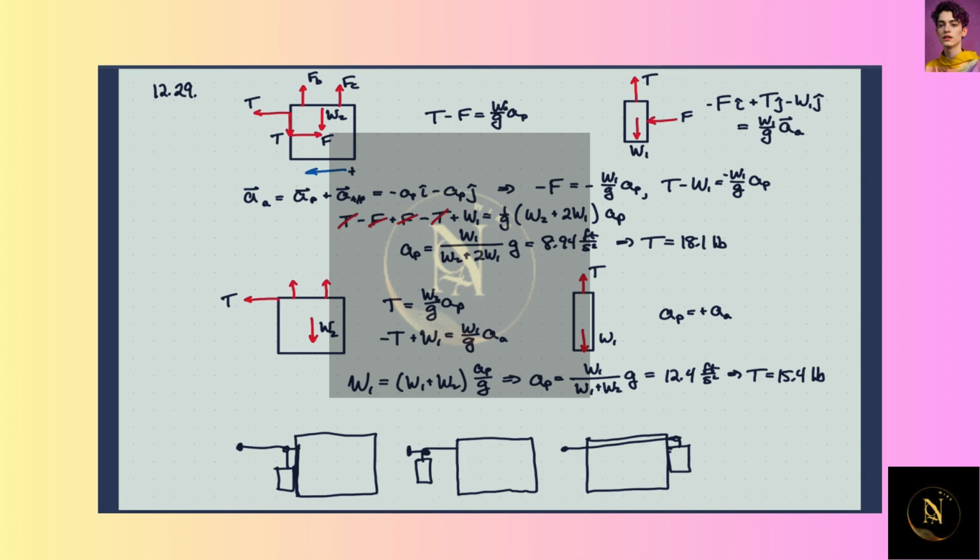And I guess I forgot to write down what the weights of all of these things were. So let's get that down here. W2 was 40 pounds, and W1 was 25 pounds.